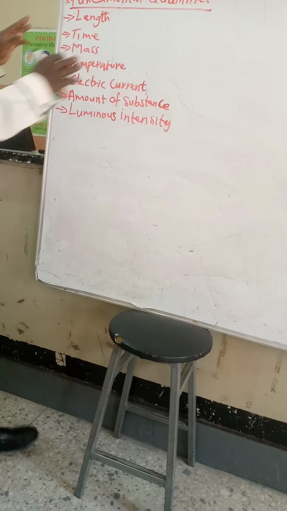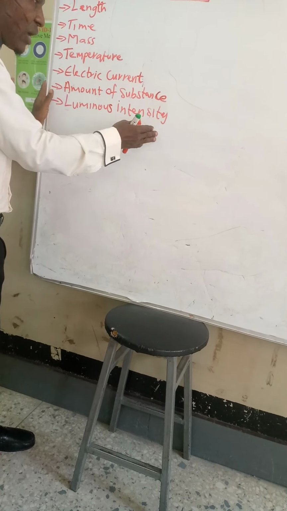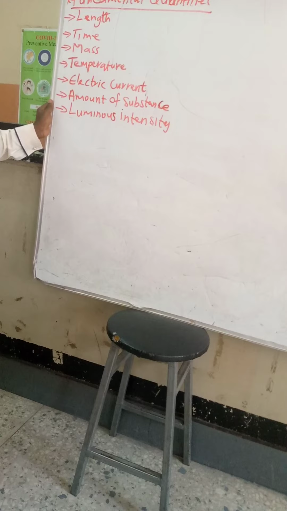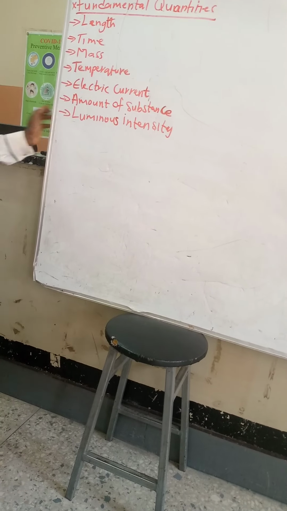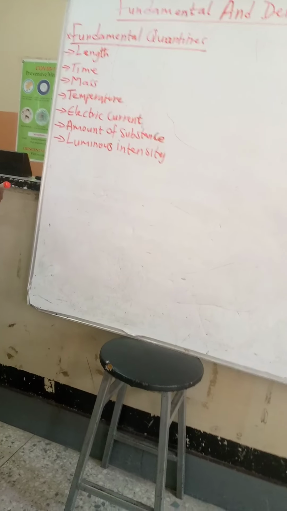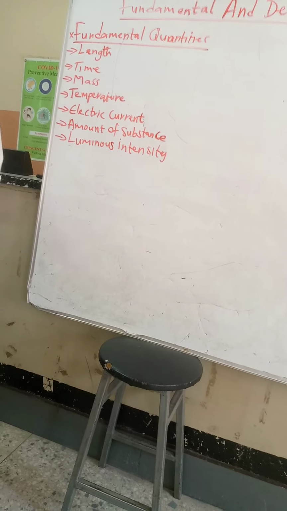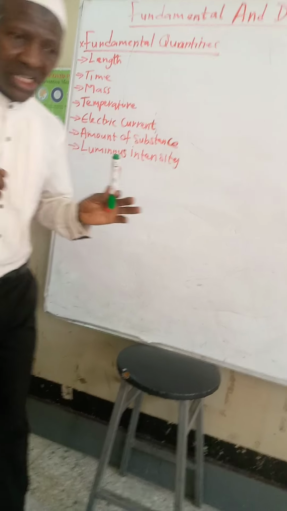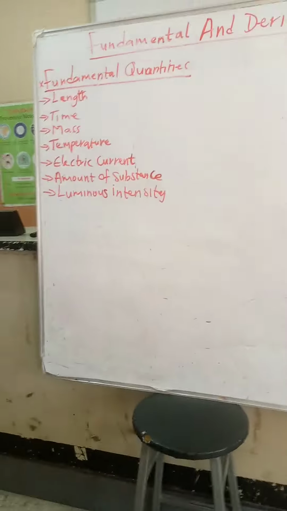Now, of these 7 fundamental quantities, we still have one of them that has family or friends, and which is that? Length. Length has family or friends. I said family because all of them have the same unit and the same dimension. And what are those friends?